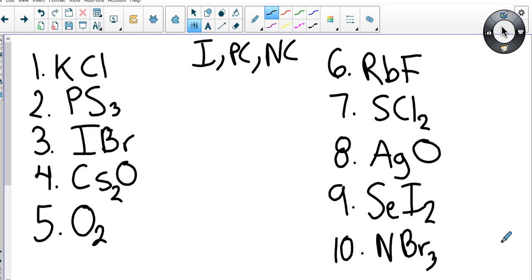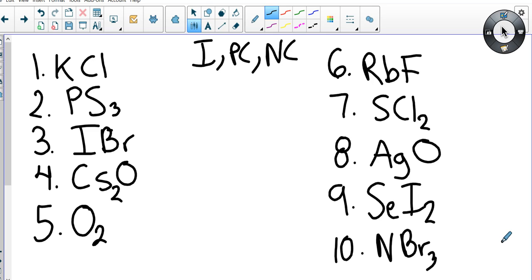Okay, let's go over this. KCl. First of all, K is a metal and Cl is a non-metal, so I can already tell you what kind of bond this is.